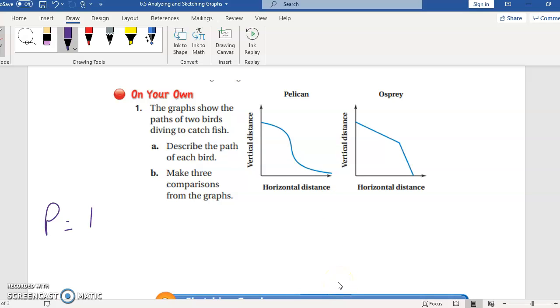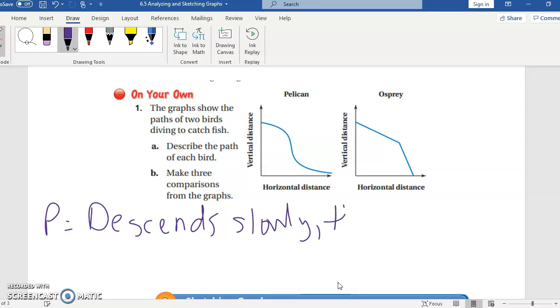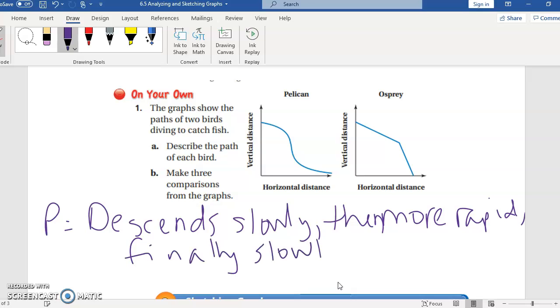Okay, so we're going to put descends slowly, then more rapid, and finally slowly again. Okay, so again, you don't have to be super specific, but yeah, you do need to tell each section of the graph when it kind of changes direction or speed.